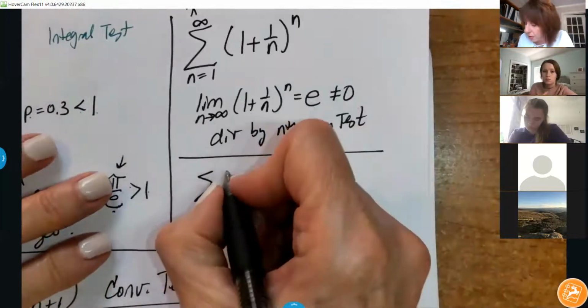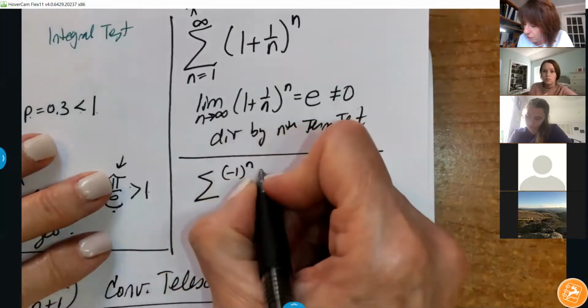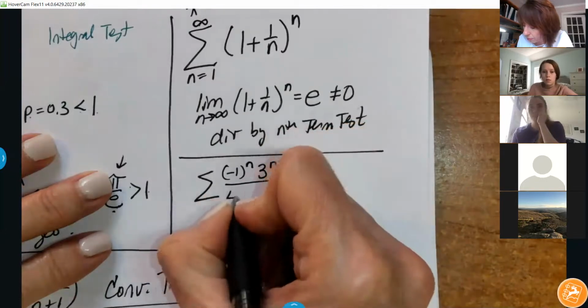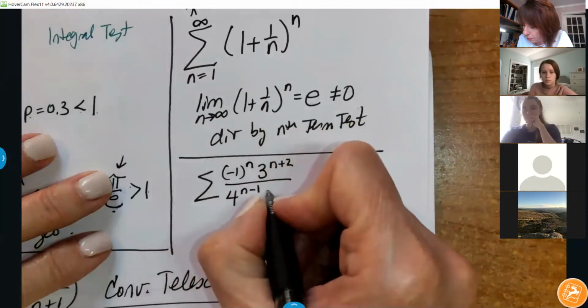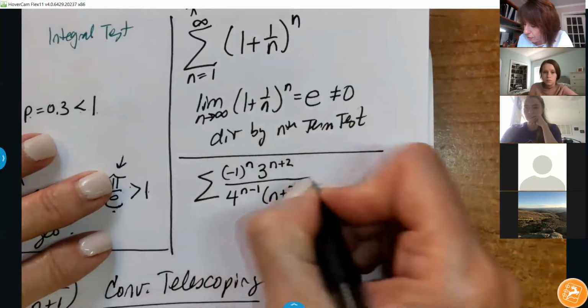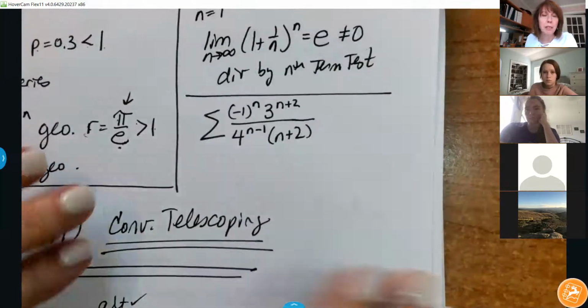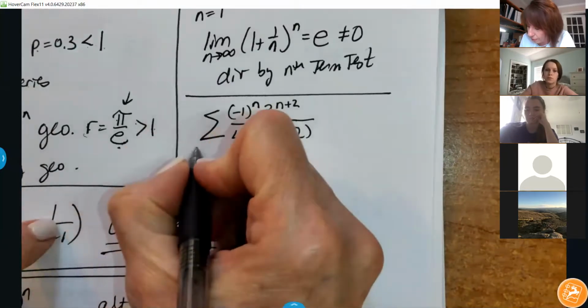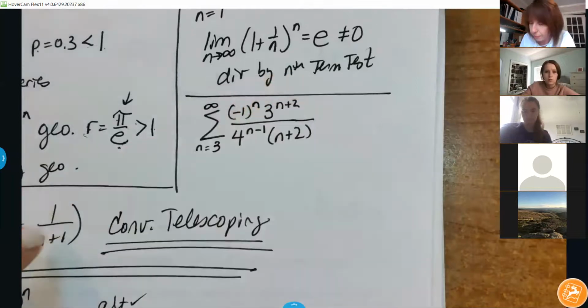Let's see, what would you do with this one? I tried to play with it. What test would you use? Would you use the ratio? Oh, yeah, ratio. I would either do ratio or root, either one, definitely.